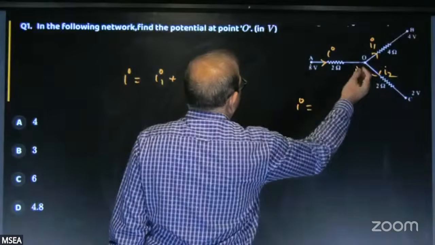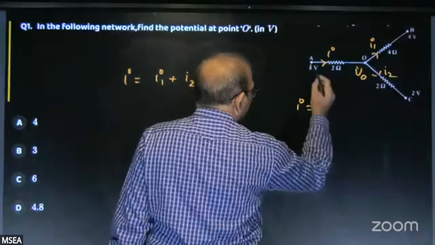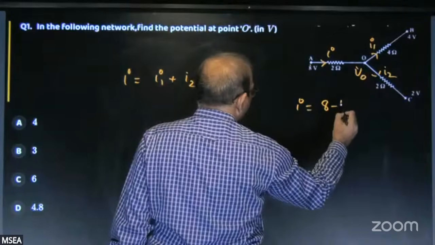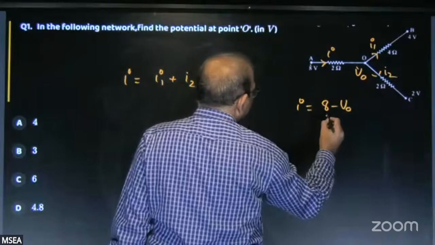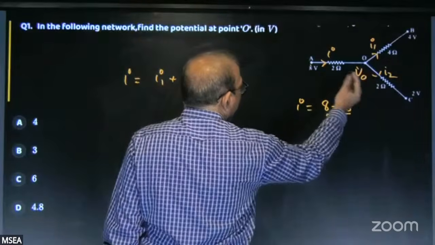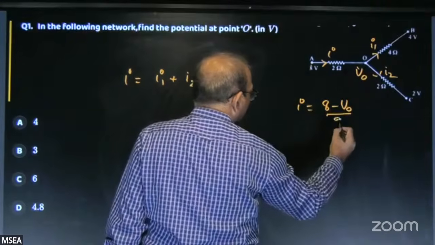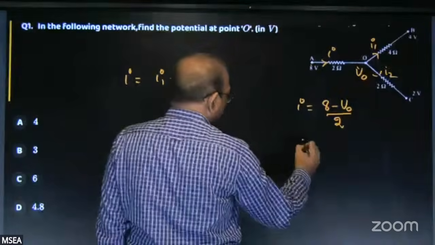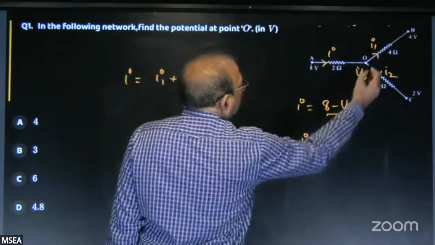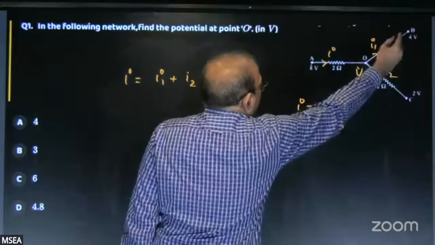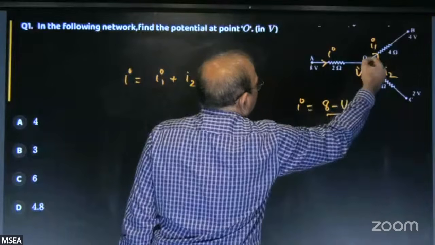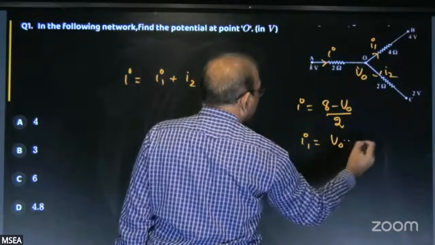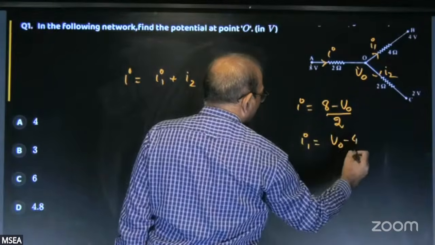Potential difference between A and O: potential at A is 8 minus potential at O, V0, we assumed. So I = (8 - V0)/2, where the resistance between these two points is 2. Similarly, write I1, the current flowing between O and B. Potential at O is V0, potential at B is given as 4 volts.